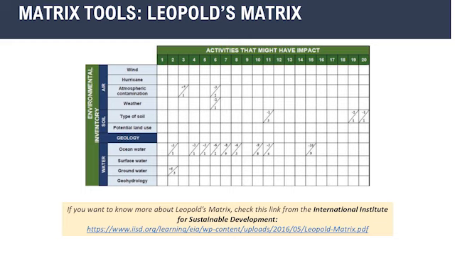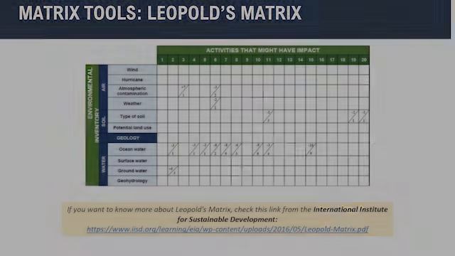And in addition, these matrices are useful for communicating the impacts detected. The disadvantages of this matrix are that the estimation is subjective, and it does not consider the indirect impacts of the project, nor the cumulative impacts that some impacts can have.